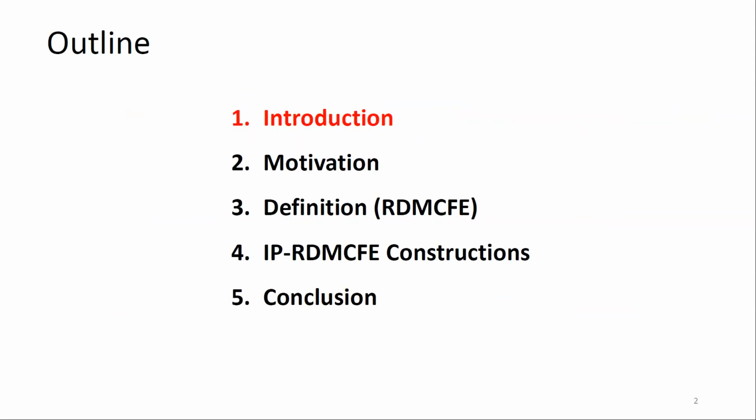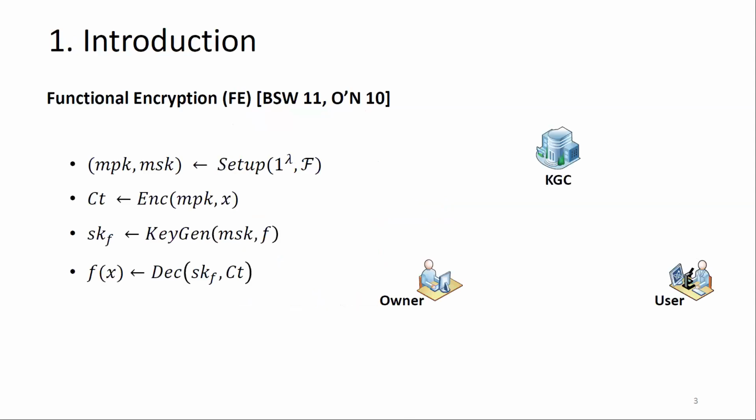Now, first, I will start with the introduction. Functional encryption, FE in short, can finely control the amount of information that is revealed from a ciphertext. In FE, there is a key generation center, KGC, who generates the master secret key, MSK, and the master public key, MPK. The data owner encrypts the private data X and sends it to the data user.